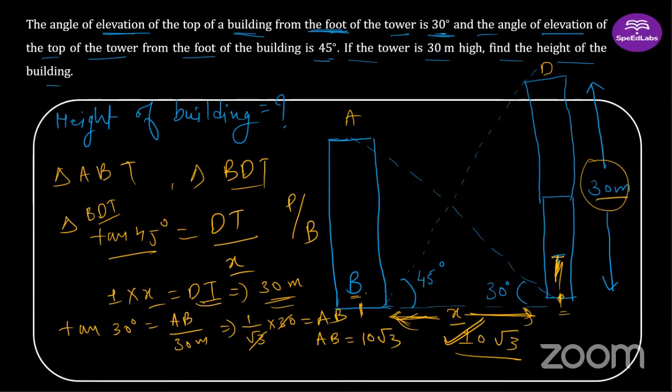Yes, sir. So for example, we say P as Y, and Y by 30 is equal to 1 by root 3. Then root 3 Y is equal to 30, and Y is equal to 30 by root 3, which is P by B, which is the height.